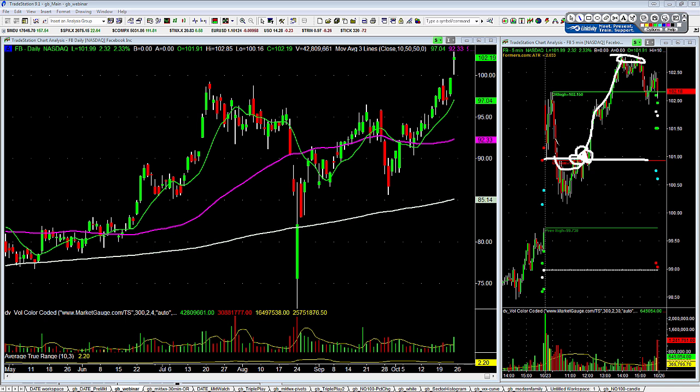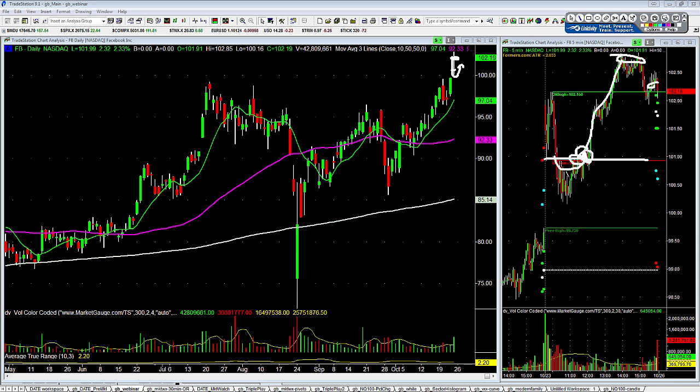Now, if you're a swing trader, you would do this because if you just bought it on the open, you'd have paid 102. But if you knew how to wait for it to pull back and do the U-turn, now you bought it at 101 and you're going home with $1 worth of profit. Maybe you took off half, and it's not as much of a risk taking it home with $1 profit.